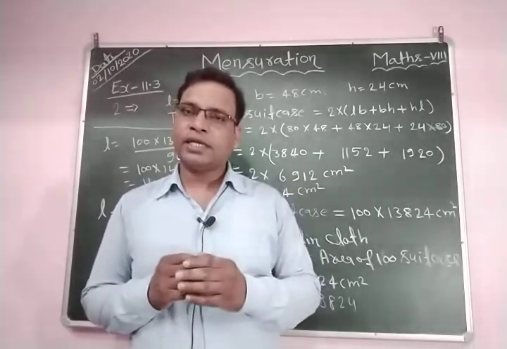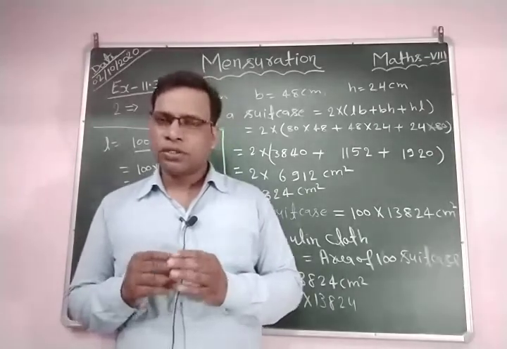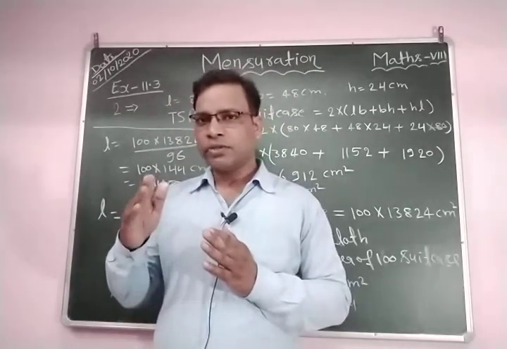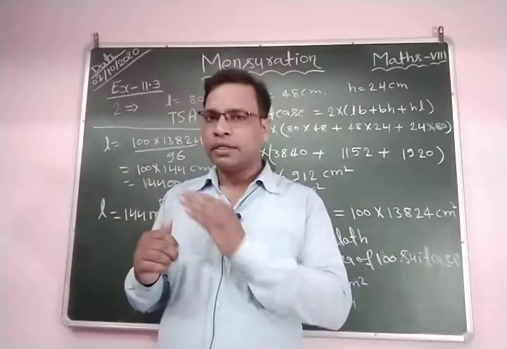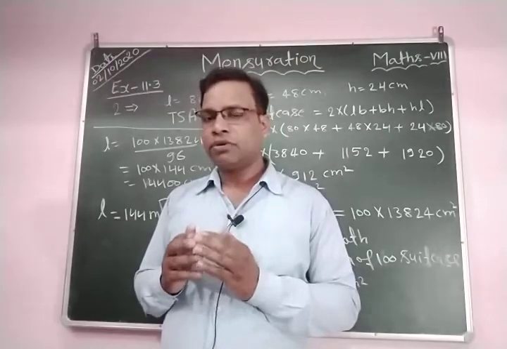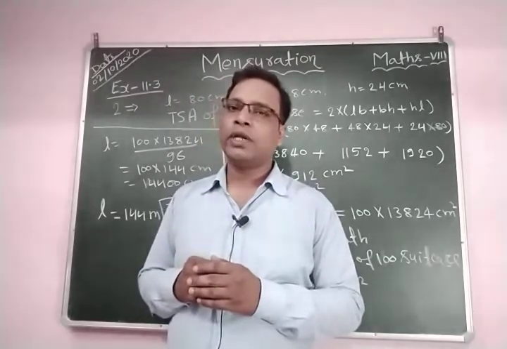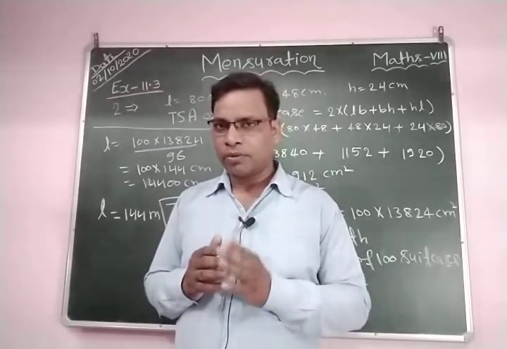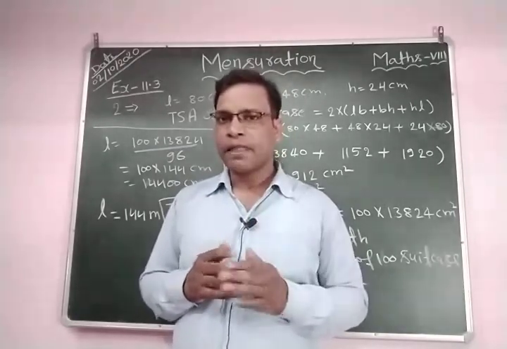Then you need to find the length of the tarpaulin cloth. So the length of the tarpaulin cloth is equal to 13,824 divided by 96. When you divide 13,824 by 96, you obtain 144 centimeters. This is the length of the tarpaulin for one suitcase, but how many suitcases do we have?